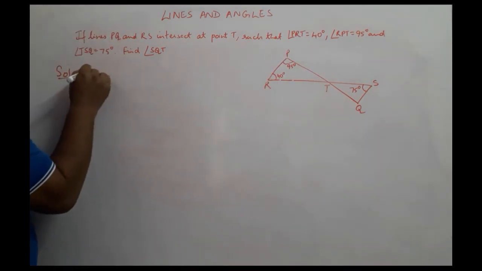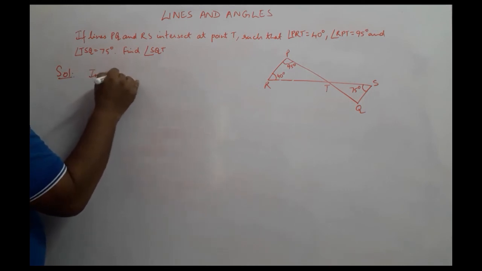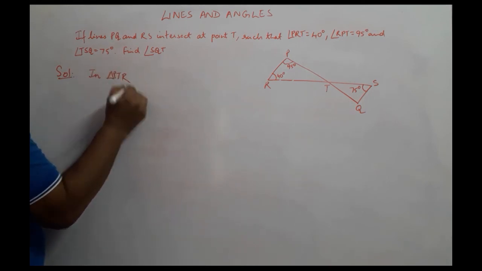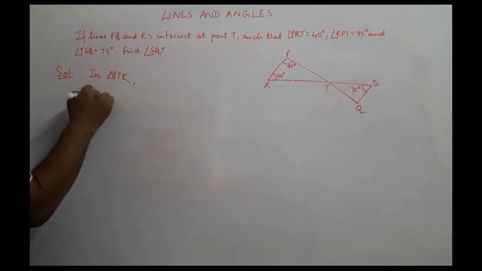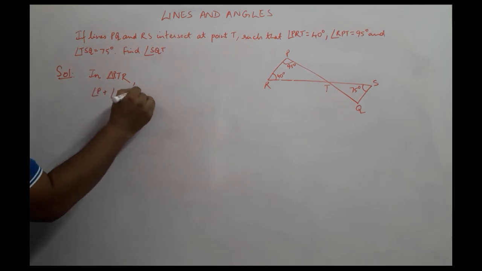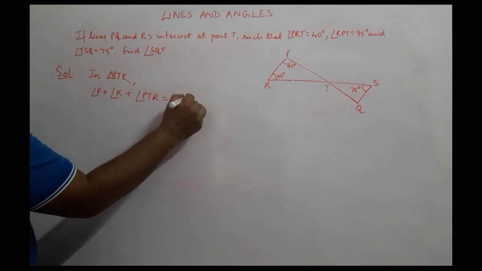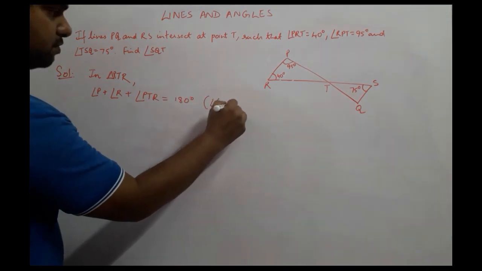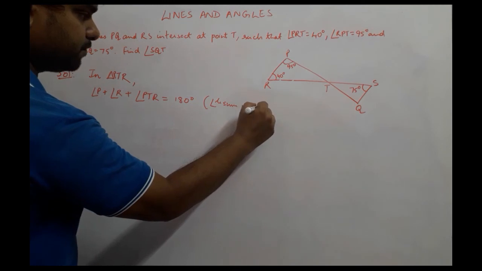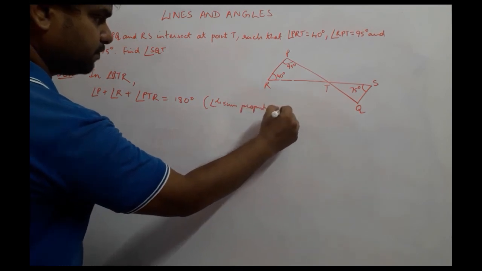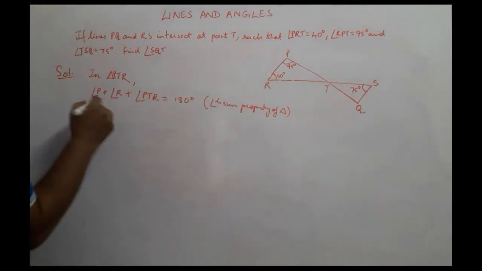Triangle PTR. So in triangle PTR, angle P plus angle R plus angle PTR equal to 180 degrees, angle sum property of triangle. Angle P is given as 95 degrees.